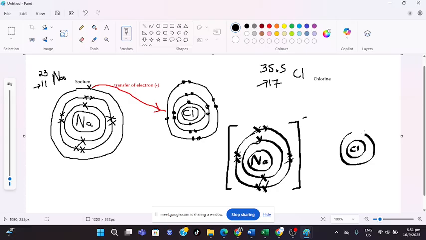And now he's going to gain one. Sorry, it was a dot. We're using dots, and then on the last shell.